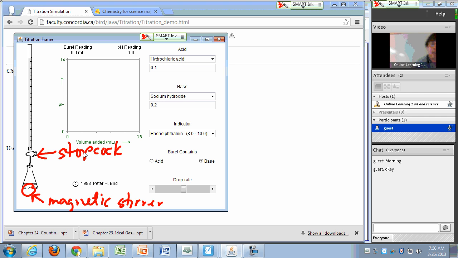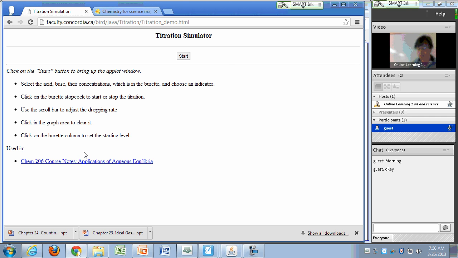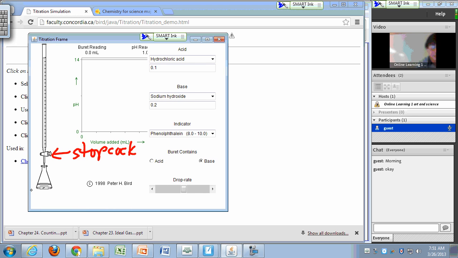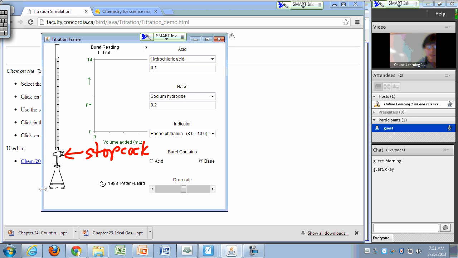This is going to be sitting on top of something that has a rotating magnet at the bottom, and there's a bar there that will rotate to stir it, although you can just swirl it with your hands if you don't have a magnetic stirrer.